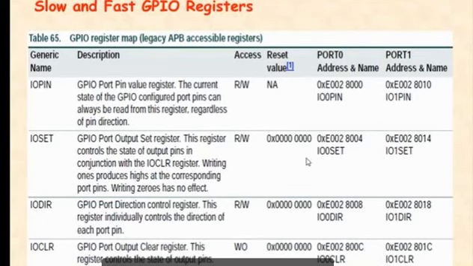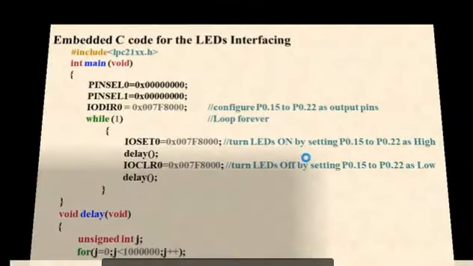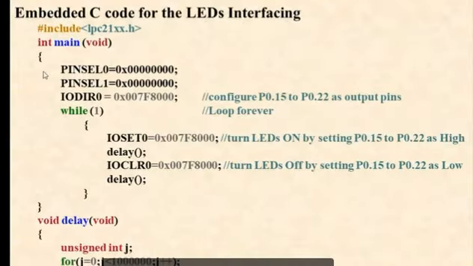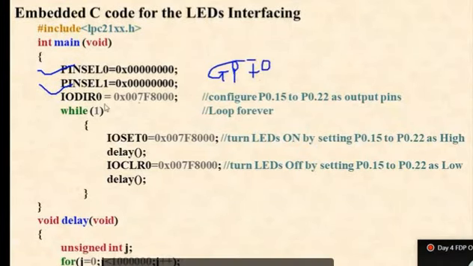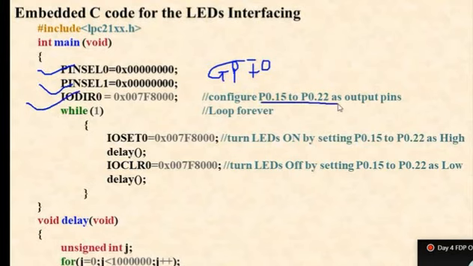Then, this is the code: PINSEL0. Using this you can select all pins as GPIO. Using direction you can configure P0.15 to P0.22 as output pins. This is for your loop.